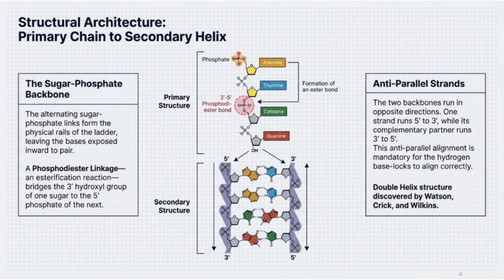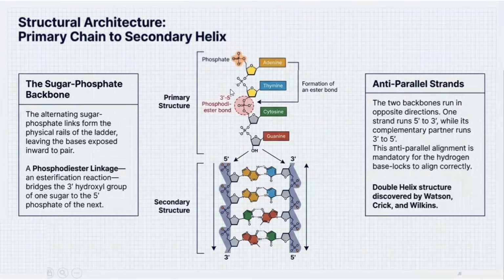So this sugar phosphate backbone helps to form the structure of the DNA. And what we can see, these are 4 nucleotides joined together, bound with the phosphodiester bonds. So this is the secondary structure. And if you can see, these strands are anti-parallel.